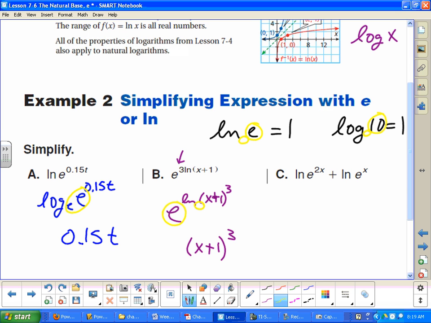Same rules apply. Letter C, natural log of e to the 2x plus the natural log of e to the x. Since we have addition going on here, that means we're going to multiply e to the 2x and e to the x, which would be the natural log of e to the 3x, right?